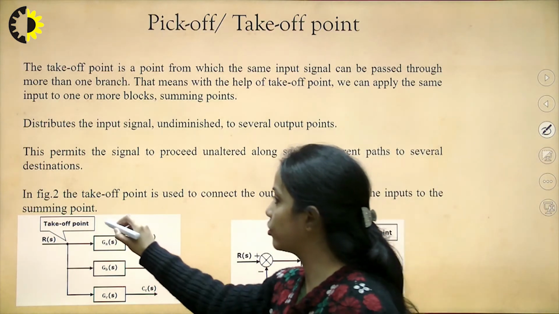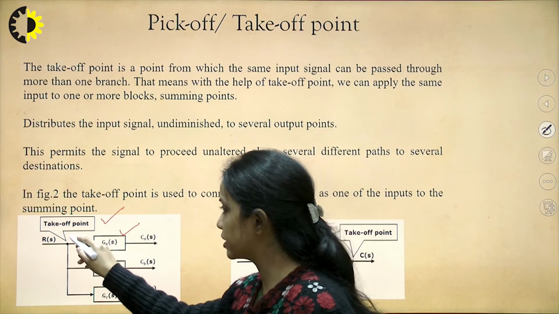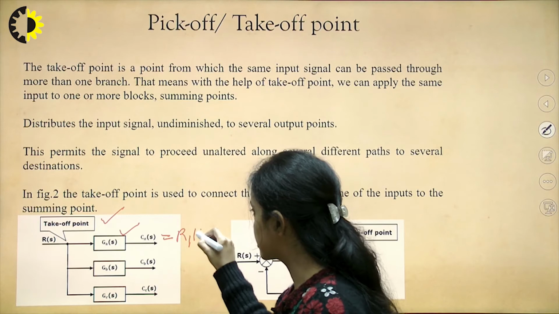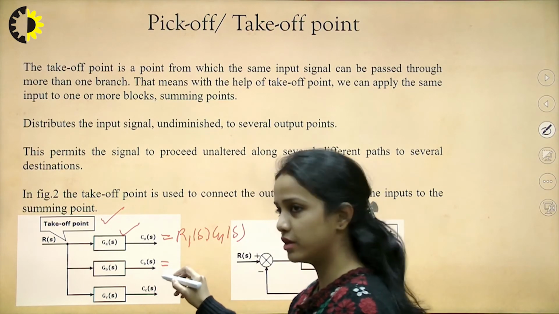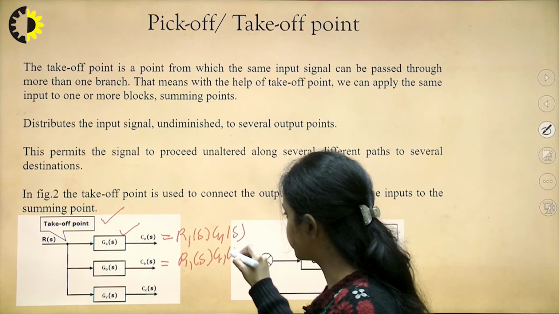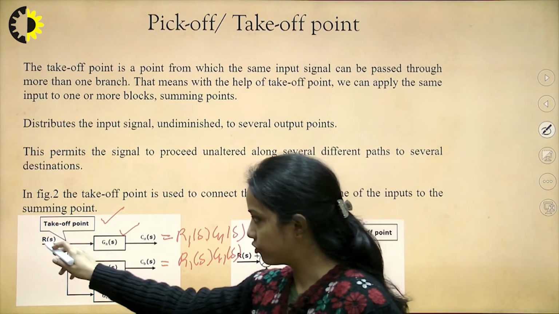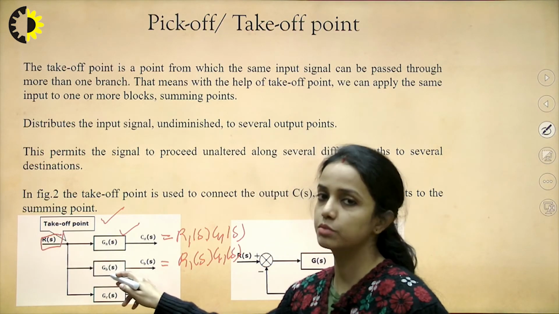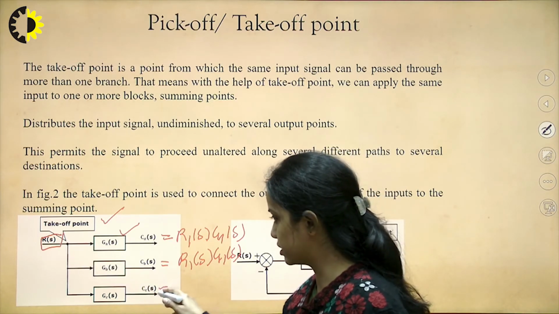So, here we are taking off the same value and multiplying it with G1(s). Let's say here the output Ca will be R1(s) G1(s), and Cb will be R1(s) into G1(s). I have already clarified this before. Whenever the signal passes through a gain term, it gets multiplied. So, it is a simple multiplication.